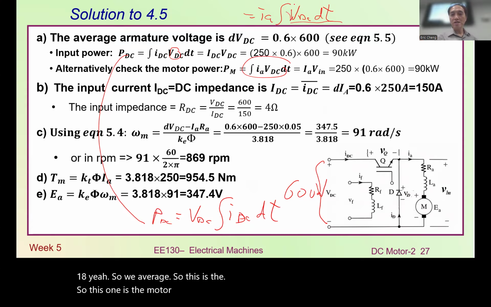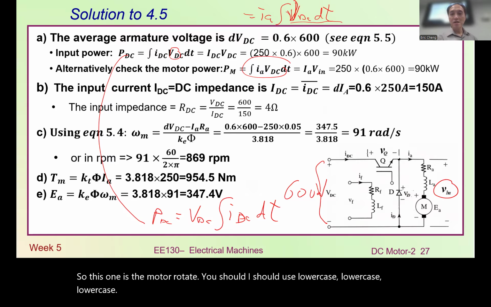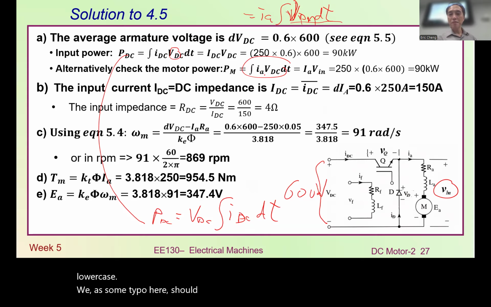I should use lowercase. There's some typo here, that should be the motor voltage, V in.